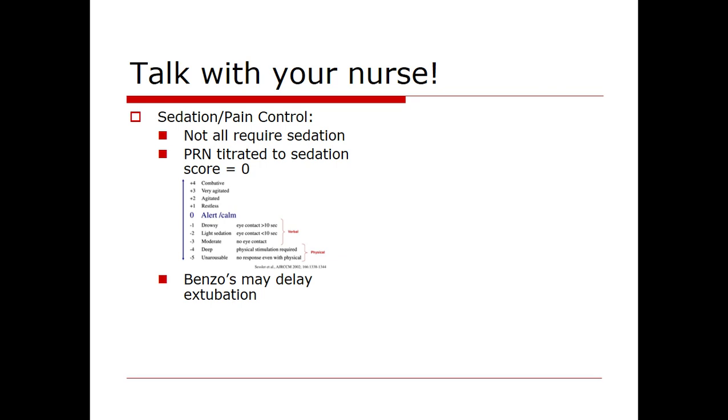So the strategy should be a PRN-based and preferably opiate-based dosing regimen for sedation. Benzos should be avoided unless nothing else is working. Benzos definitely delay extubation. And you titrate it not just by picking a dose, but to effect. And there's the Richmond Agitation Scale that you'd like to target a 0.